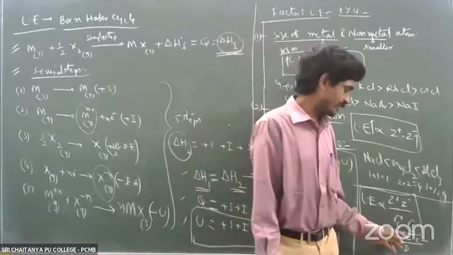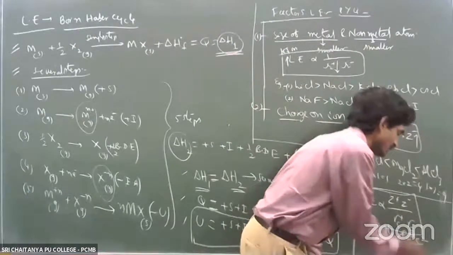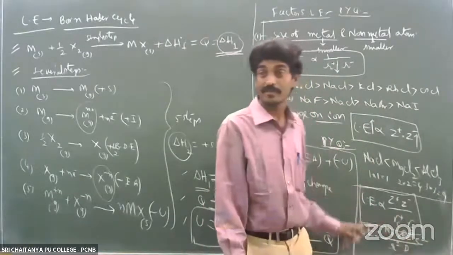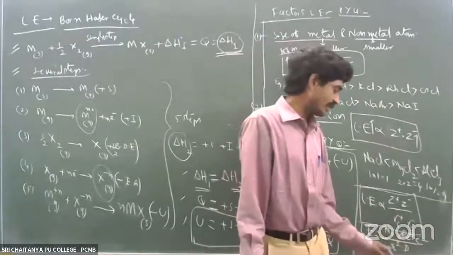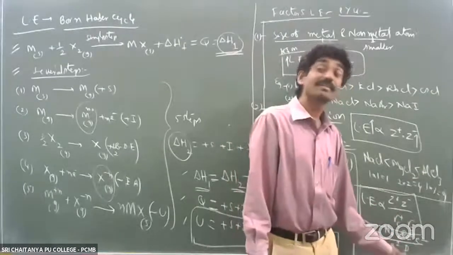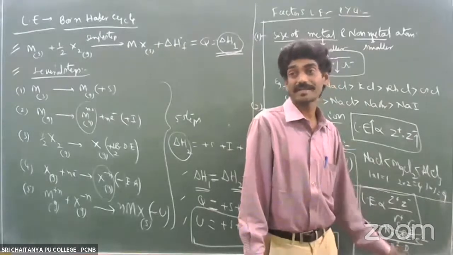Z plus is the charge on cation, Z minus is the charge on anion. e is the electronic charge. R is the radius of cation and anion. And D is the dielectric constant of that particular ionic compound, right?